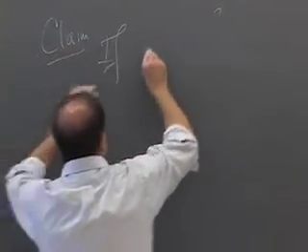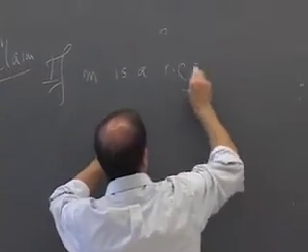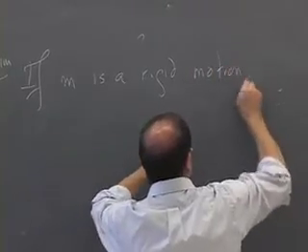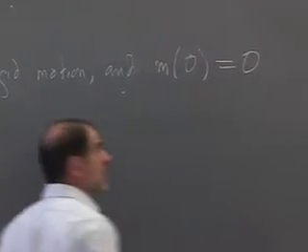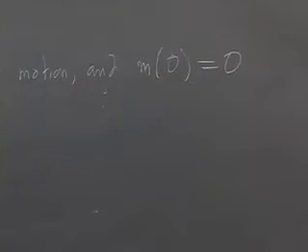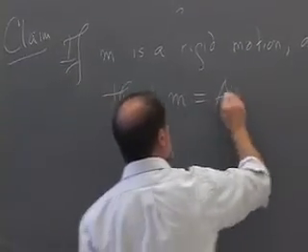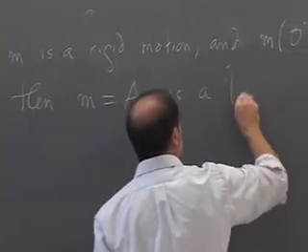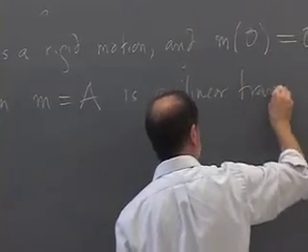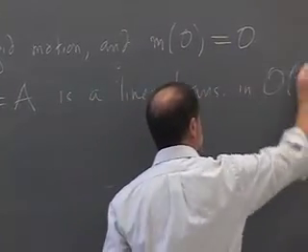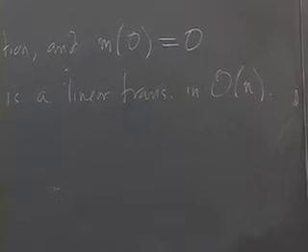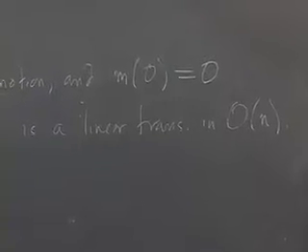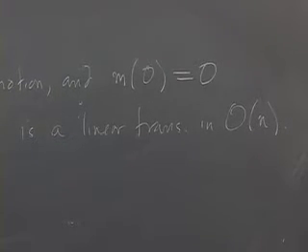Claim: if M is a rigid motion and M of the origin is the origin, and you certainly need that to be a linear transformation, then M is equal to A, a linear transformation in OM. That's an amazing fact.